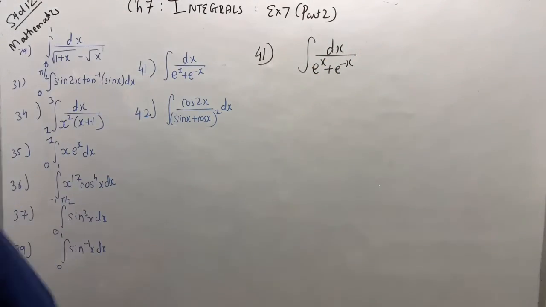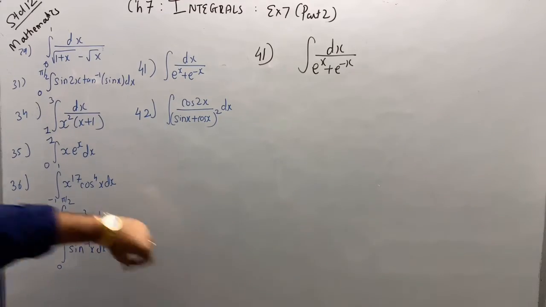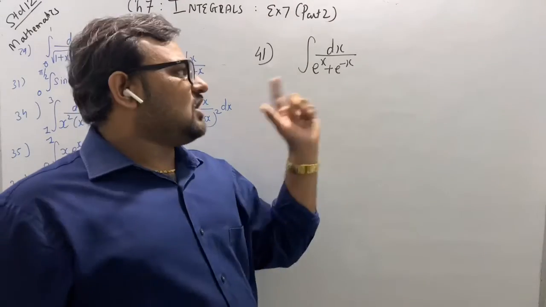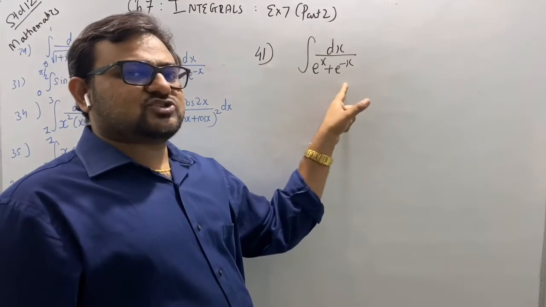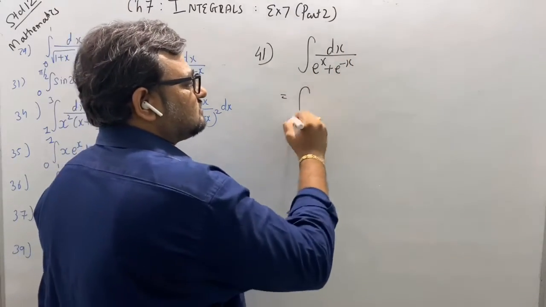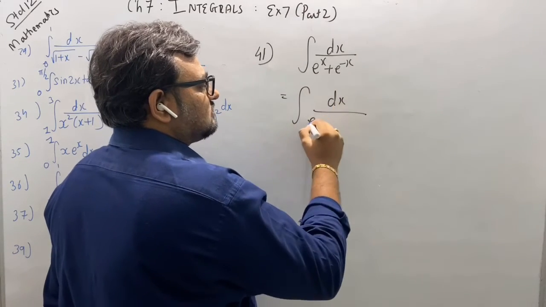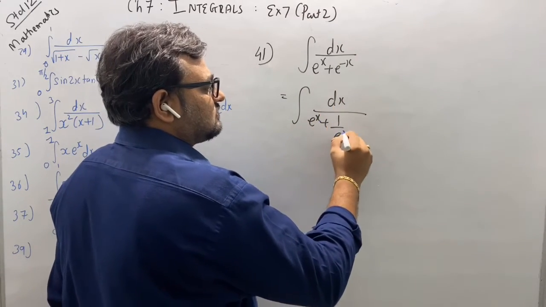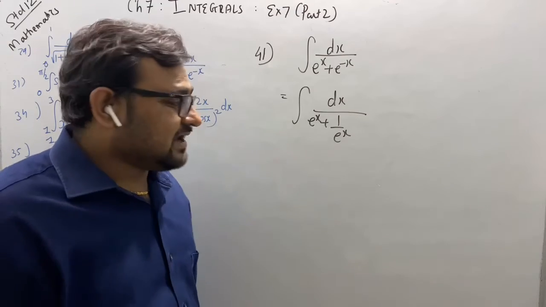Let me check the limit, whether there is an upper and lower limit or it's directly. Okay, there is no upper and lower limit. So how can you solve this? e raised to minus x, I can take it as 1 upon e raised to x. Clear?